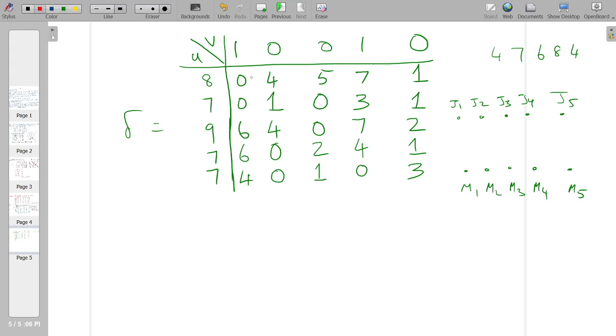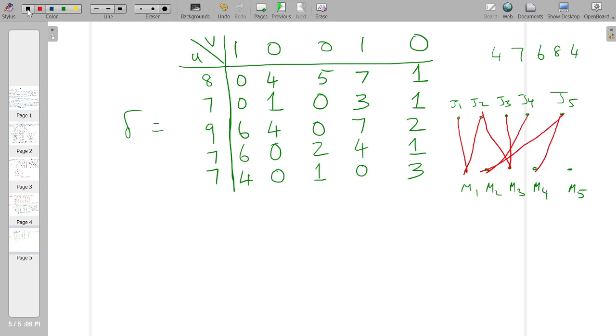J1 is assigned with M1. J2 is assigned with M1 and also with M3. J3 is assigned with M3. J4 is assigned with M2. J5 is assigned to M2 as well as M4.